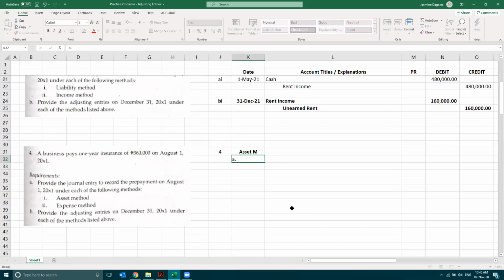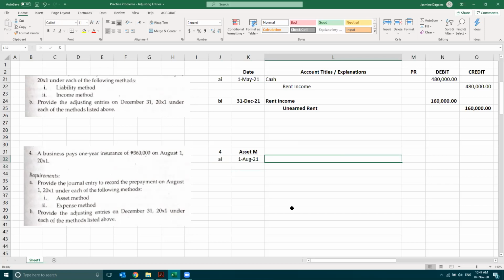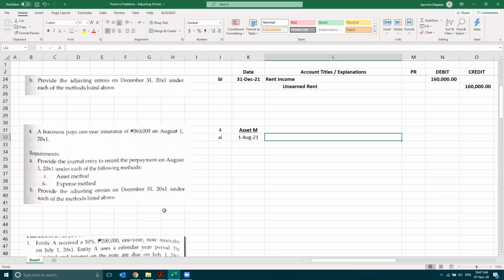What is the initial entry? Provide the journal entry to record the prepayment on August 1 under each of the following methods.